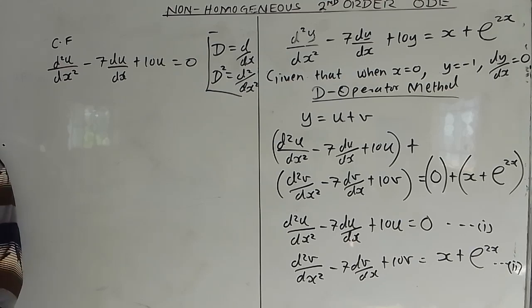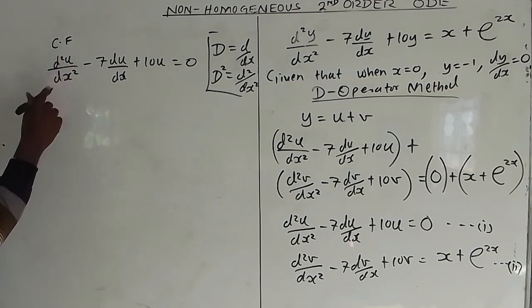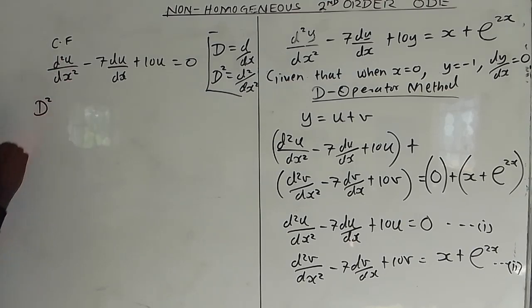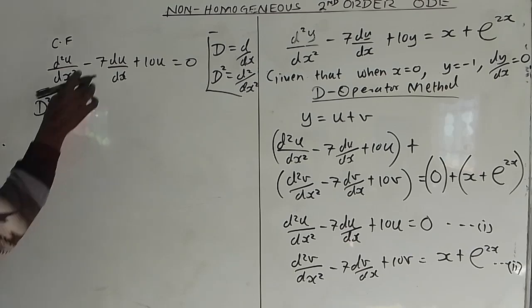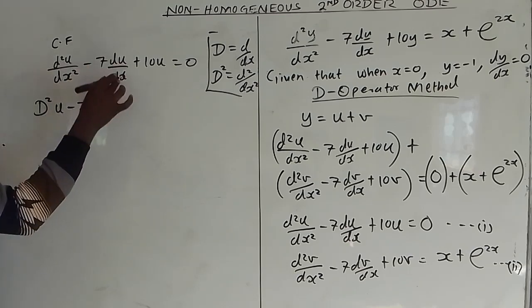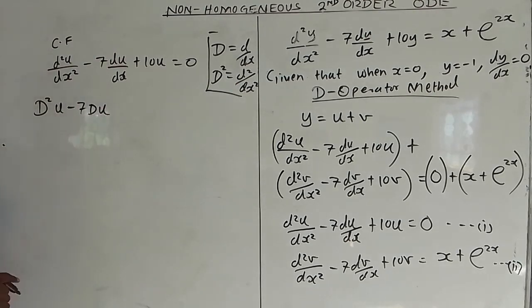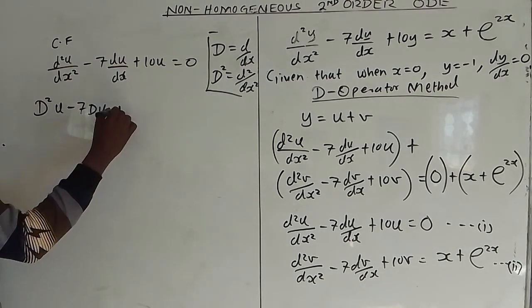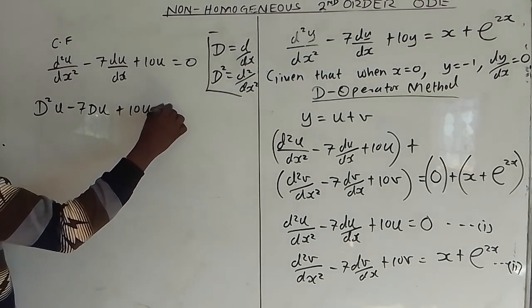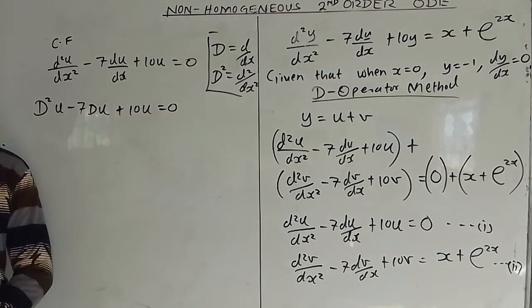Are we together? So here we have d squared over dx squared, that becomes D squared, times this u, so you have D squared u. Then minus 7 d over dx is D, times that u, so it is Du. Then it is plus 10u equals 0.